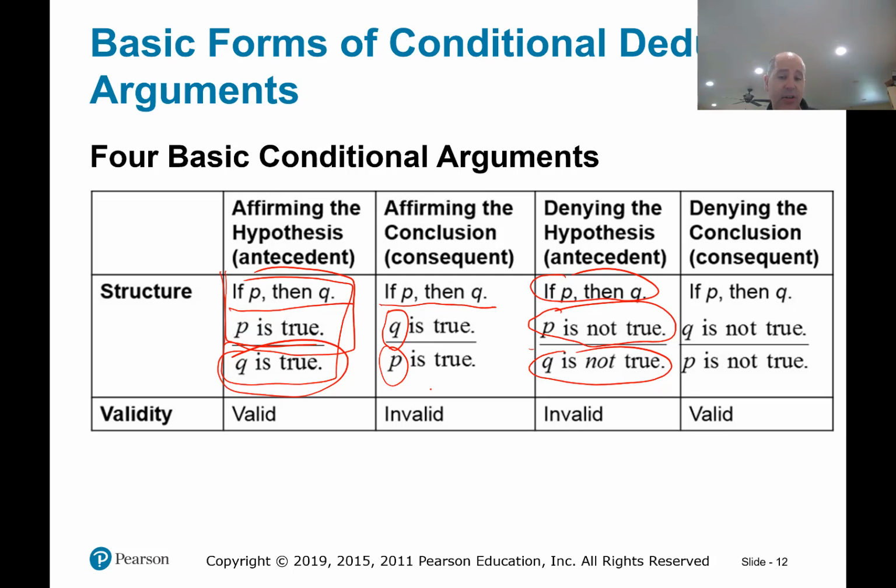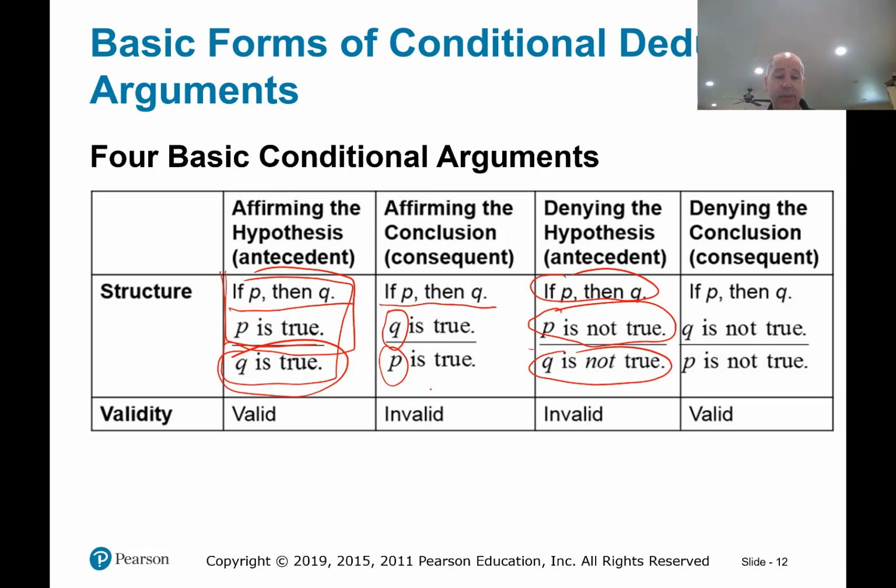Well, is that necessarily true? No. Think again about my example. I say, okay, son, if you get 100% on your spelling test, I'm going to take you out for ice cream. He comes home and he doesn't get 100% on his spelling test.